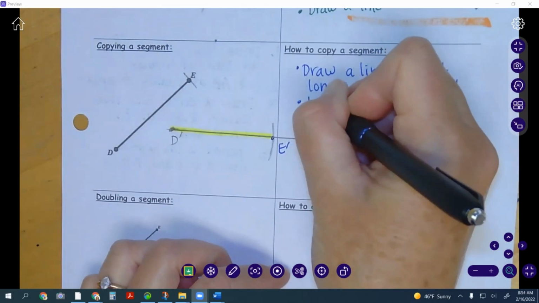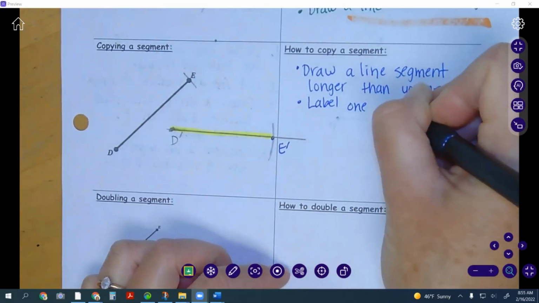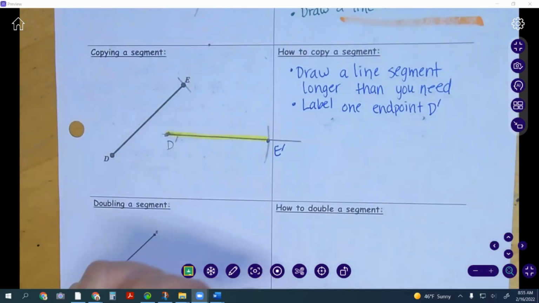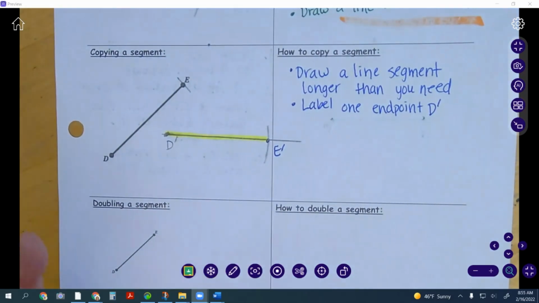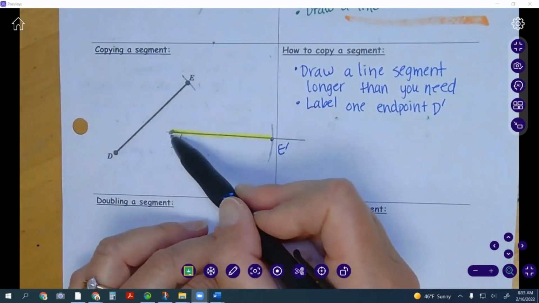And label one endpoint D prime. And you don't have to use my letters in the sense of, you know, when you have your own. I'm just trying to emphasize so we can follow where I am on the picture. But if they label this D, I would label this D prime.